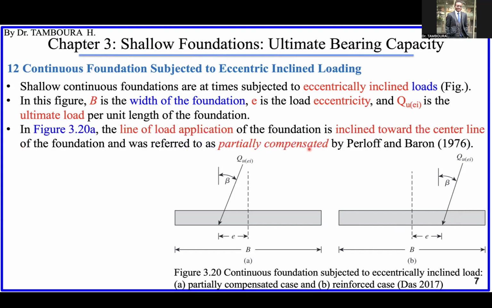So this figure shows the line of load application. In case a, you can see it is inclined toward the center line. The load is inclined this side, going toward the center line.